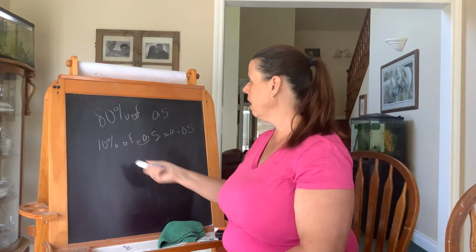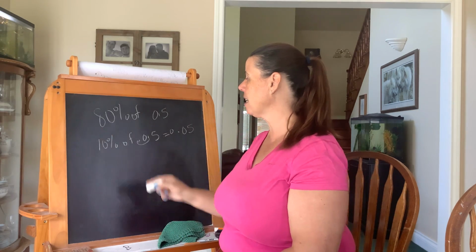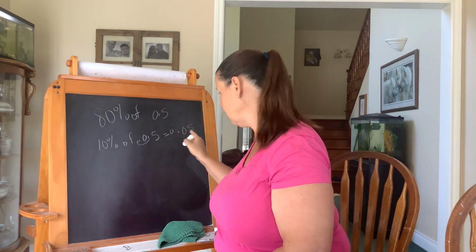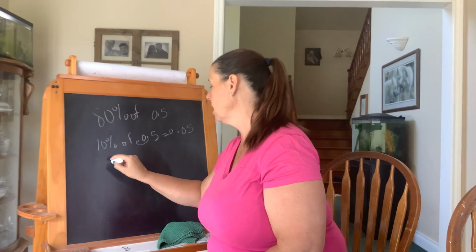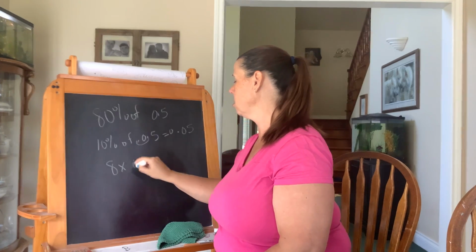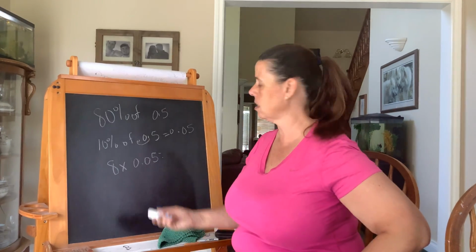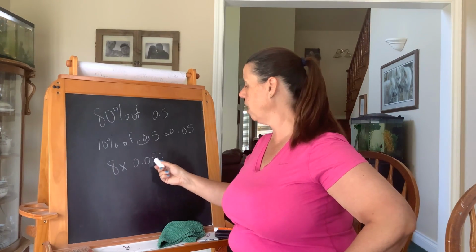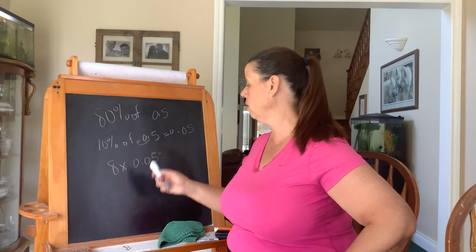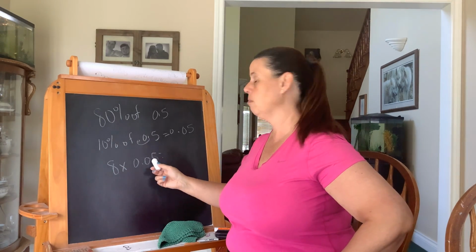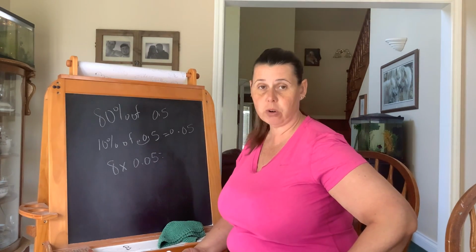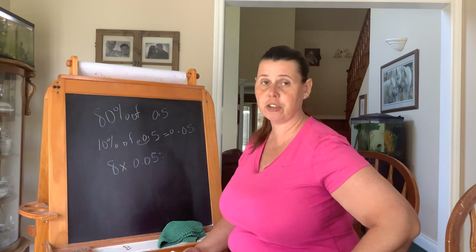All right? Now I need 80%, which means I need 8 times this, because this is only 1 10, and I have 8 tens. So 8 times 0.05 equals, all right, let me think about this. This is 5 hundredths. So 8 times 5 is 40 hundredths.